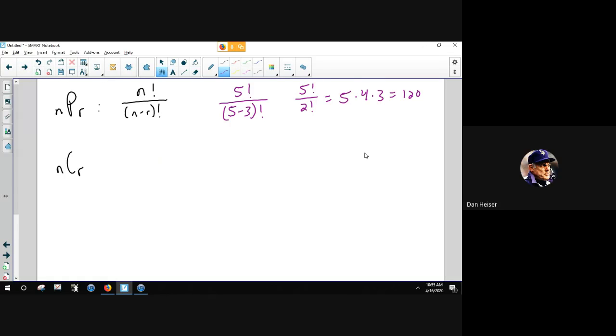With a combination, it is almost identical. The formulas look almost exactly the same. There's 1 extra. We put r factorial in the denominator to divide out all the repeats. So, back to the winner example here.